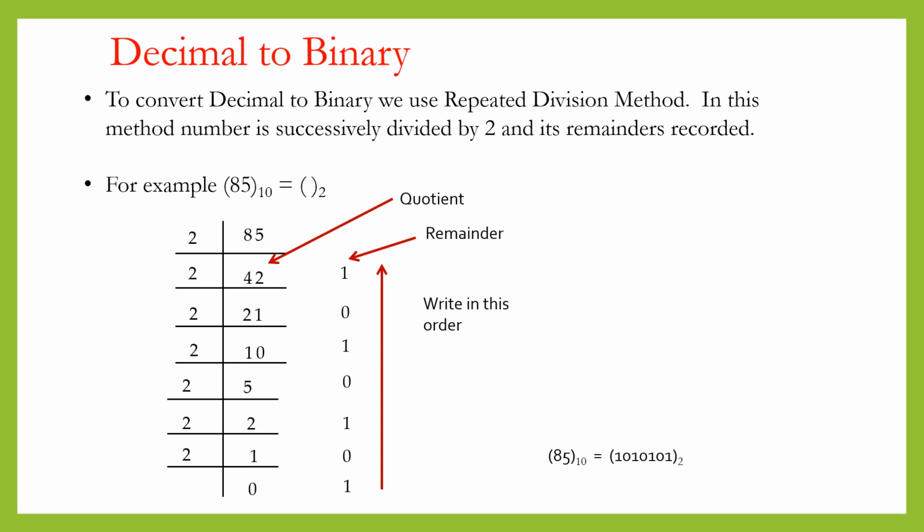Now divide 42 by 2, we get quotient 21 and remainder 0. Continue this process till the quotient is equal to 0 or lesser than 2 and write the remainders from bottom to top. The binary equivalent of 85 is 1010101 and that is our final answer.